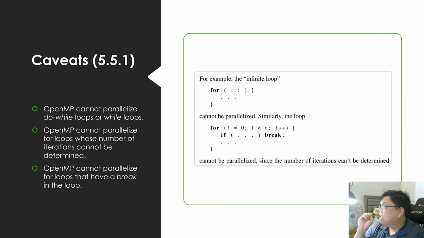Basically, the parallel for directive only works if you know that the number of iterations is not going to change. If you know how many for loop iterations you're going to have, you can use the parallel for directive.